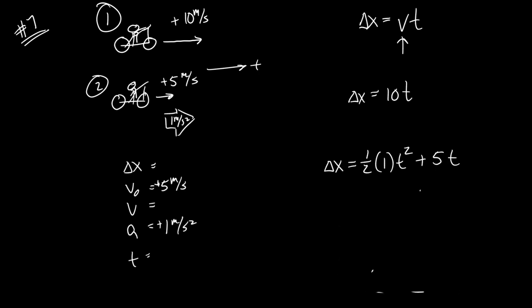I used all the information given to me to create two relationships with similar unknowns. I didn't use this because the final velocity for cyclist 2 will not be the same as the final velocity for the first cyclist, so they don't have a common variable there. So I stayed away from any equation that had final velocity in it, which leaves only one equation. I put that one together because I knew it would have time and displacement in it.